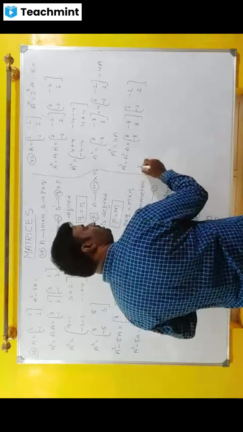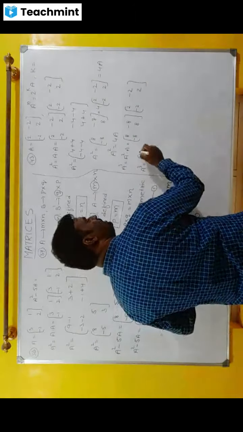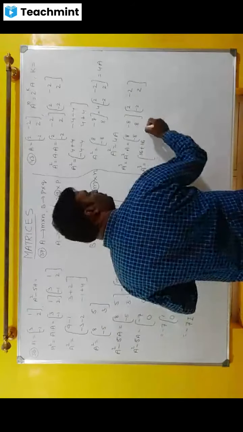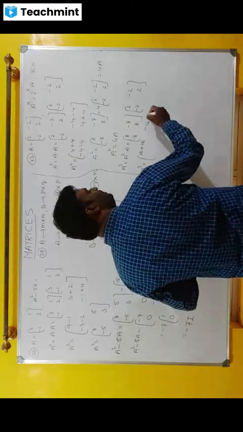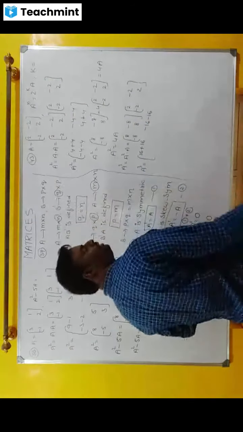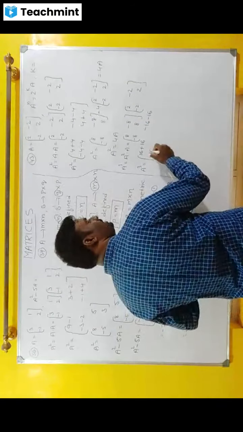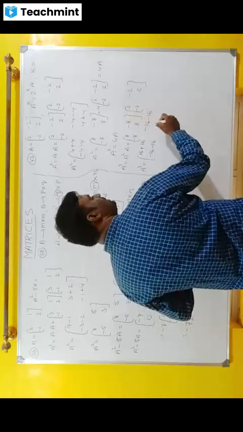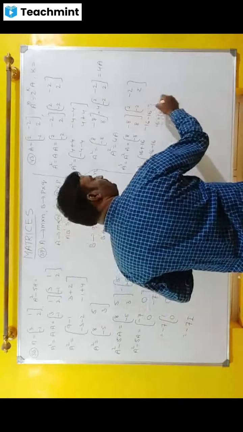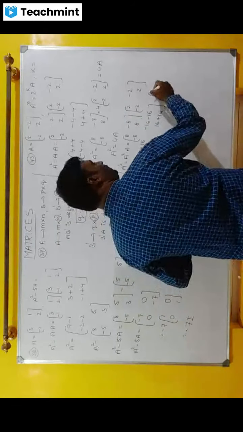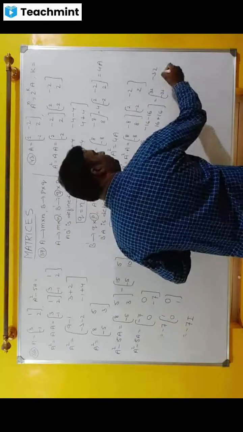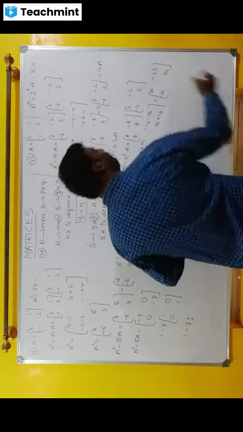Then A cube is 8 into 2 is 16 plus 8 into 2 is 16, 8 into minus 2 is minus 16 minus 16, minus 8 into 2 is minus 16 and minus 16, minus into minus plus 16 plus 16. We get [32, -32; -32, 32].